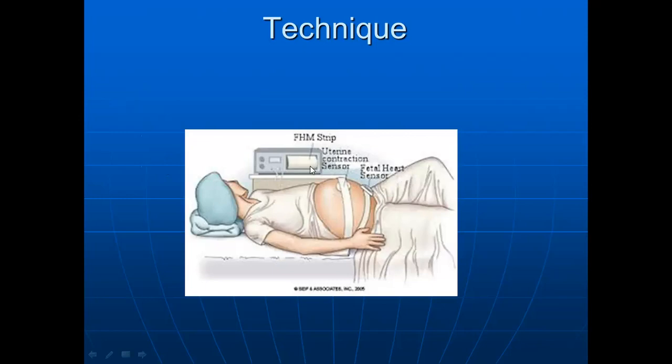The device will record both uterine contraction and fetal heart rate. Before doing the test, you should ensure that the patient has enough contraction by using intravenous drip of oxytocin to get at least 3 contractions per 10 minutes.